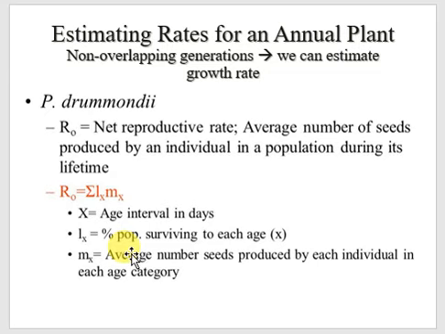So as stated before, you calculate your net reproductive rate by summing all of the LX values, which are the percentage of the population surviving at each age, times the average number of seeds produced by each individual for each age category. That's MX. And then you sum all of those products across each age interval. Right?